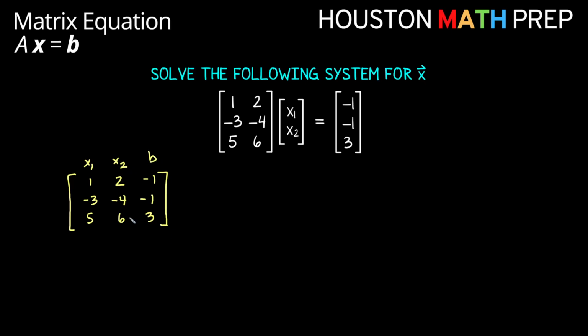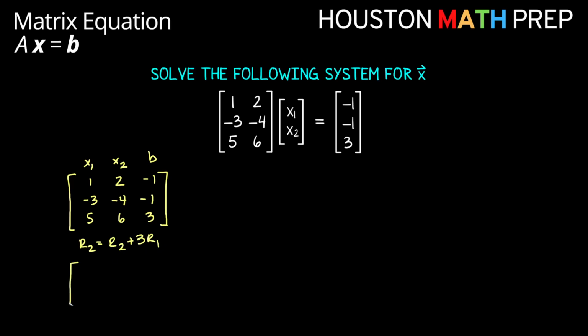So if I go about row reducing this, thinking about I have a 1 here in the top left corner, that's nice, so I can begin creating zeros below that 1, doing row reduction. So if we add 3 copies of this 1 to this -3, that will make it a 0. So we're going to change row 2. We're going to make it row 2 plus 3 copies of row 1.